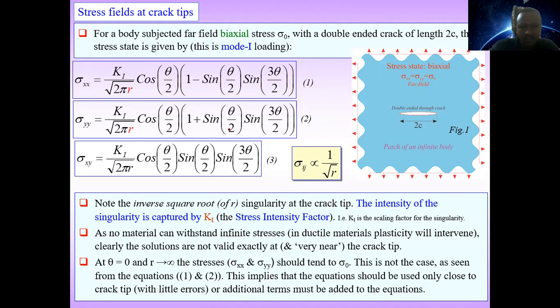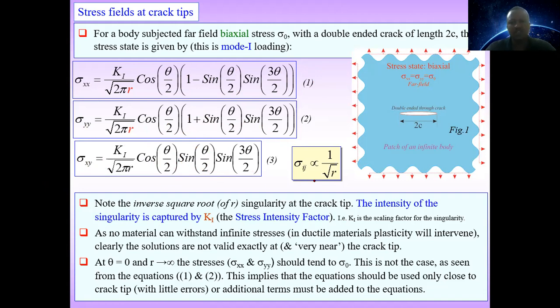For yy, the same equation also holds true, actually not the same, sigma yy has 1 plus sine theta over 2 here, while here it is 1 minus sine theta over 2, that is the difference. And for xy, that is for the shear case, instead of the 1 minus or 1 plus, it is simply sine theta over 2. These three formulas are there.